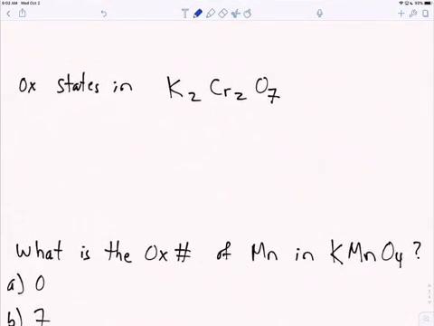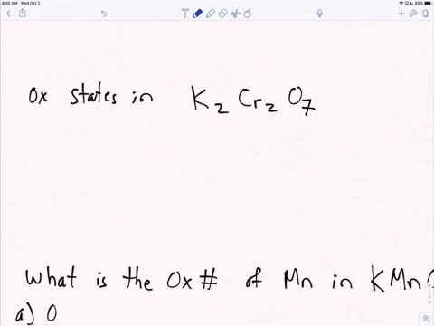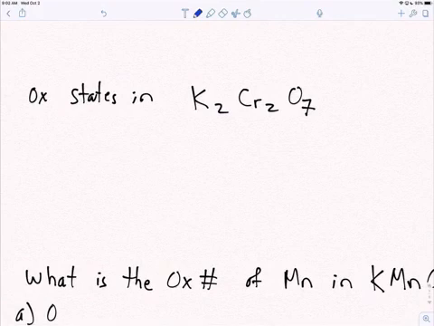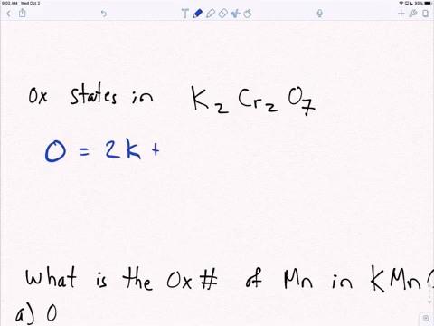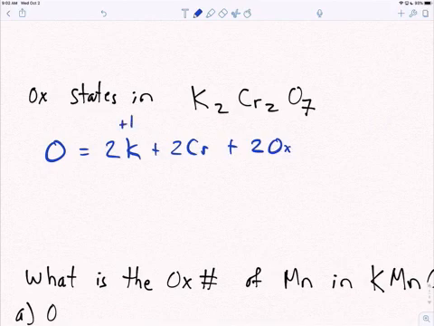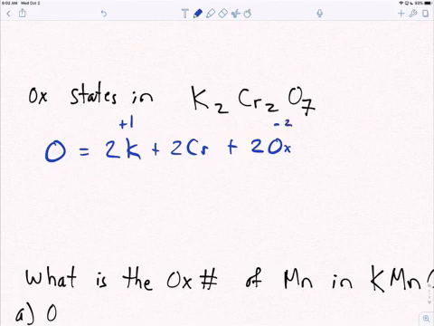So let's do this for a bigger compound, potassium dichromate. Use the rules here: rule number 3, the sum is 0, which is 2 times potassium plus 2 times chromium plus 7 times oxygen. So start assigning numbers. Potassium is an alkali, that's plus 1. Oxygen tends to be -2.